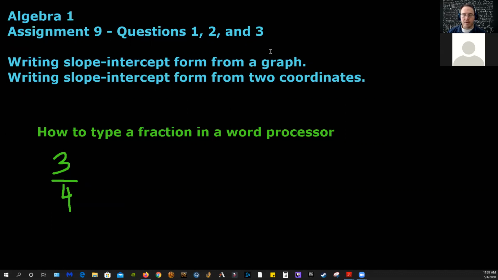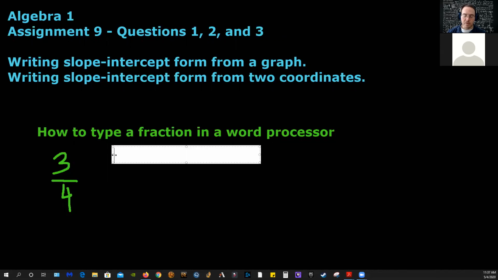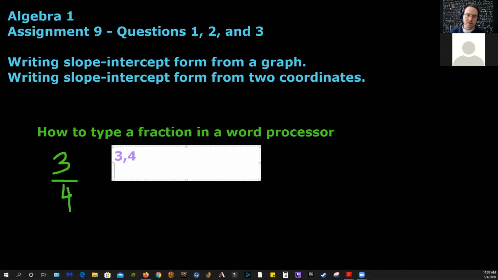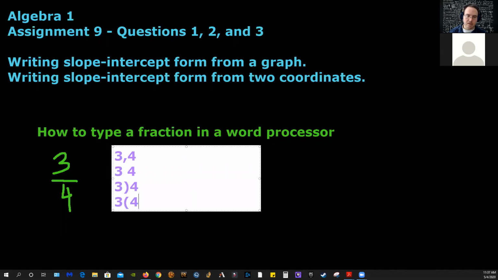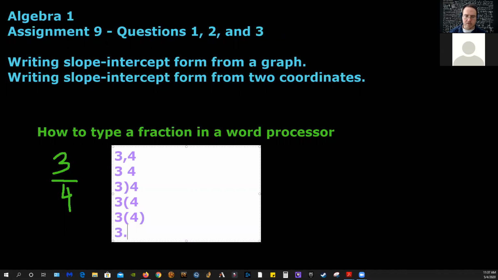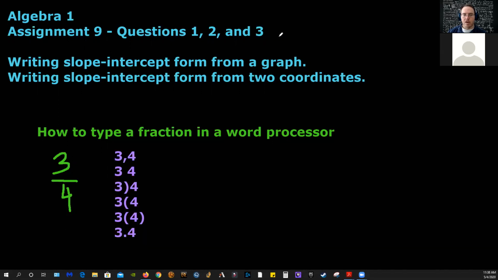So here are some of the things I've seen from you guys. What else? 3, 4. I've seen a lot of no-nos. None of these are prescribed.